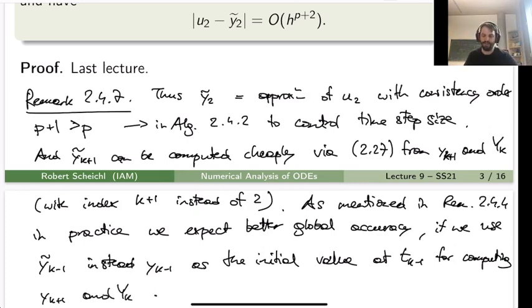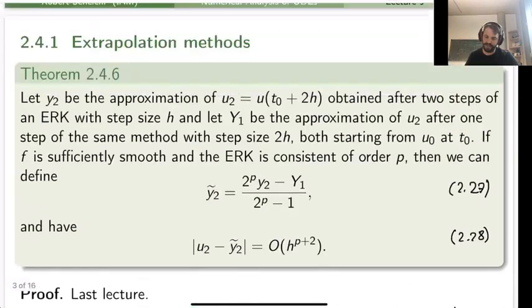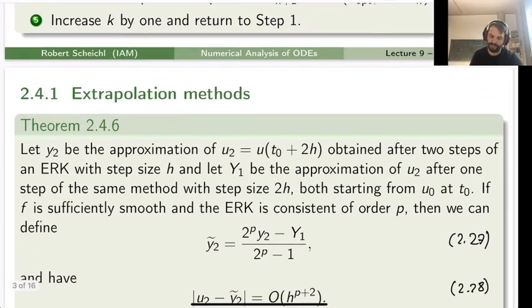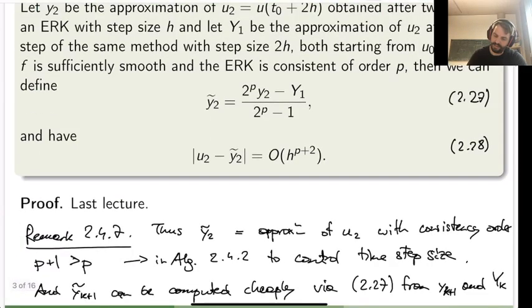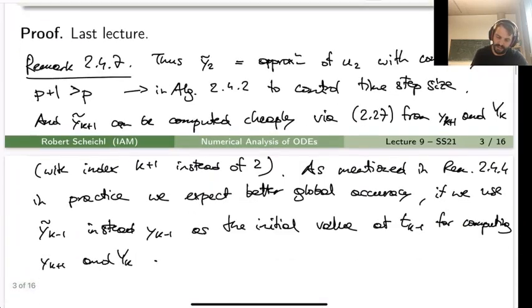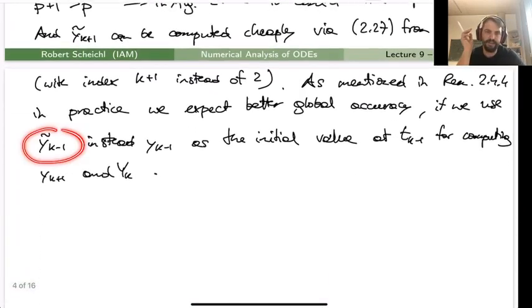So for the theoretical result, we said we're computing y2 and y1 starting with y naught, or with u naught. But in practice, you will of course take the y tilde values as your initial condition for the next time step.